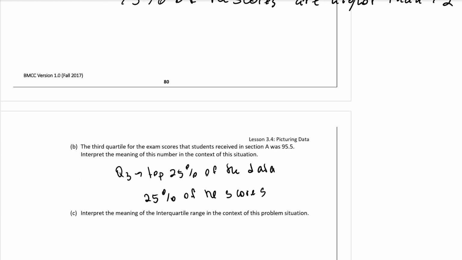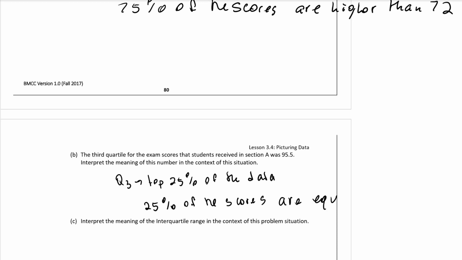Yeah, 25% of the scores are equal to, well, since the score can be 95.5 for most exams, so we're going to say 25% of the scores are equal to, we want to be higher or equal, so we can't use 95, so we have to round it up. So are equal to 96 or higher.